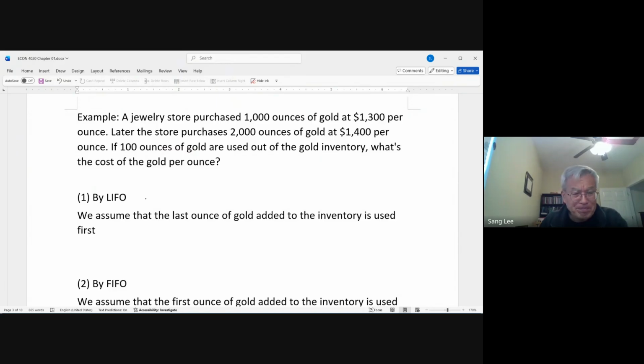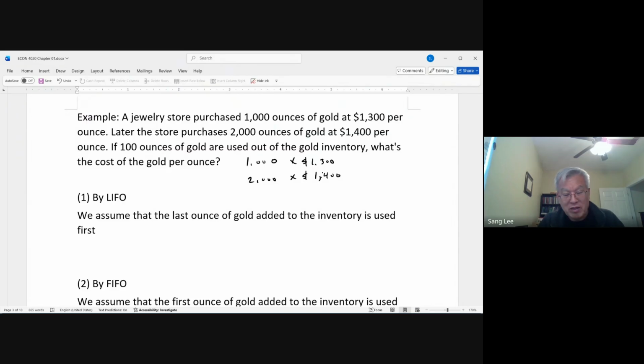Here, you purchase the gold at two different points in time. The first time, 1,000 ounces at $1,300 per ounce. The second time, you bought 2,000 ounces of gold, and this time the price went up a little bit, so you had to pay $1,400 per ounce. Now it's the same gold, 99.99% pure.